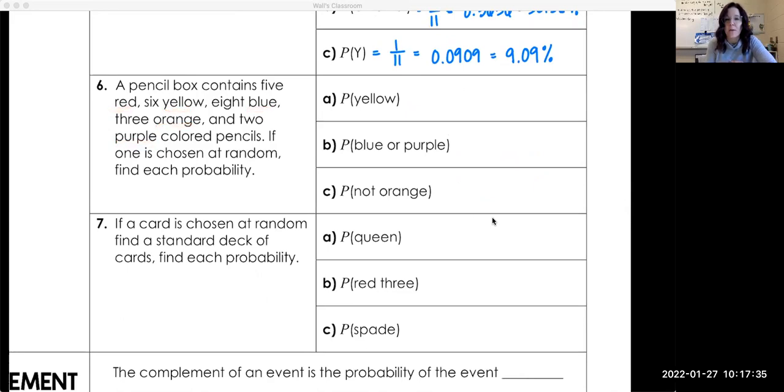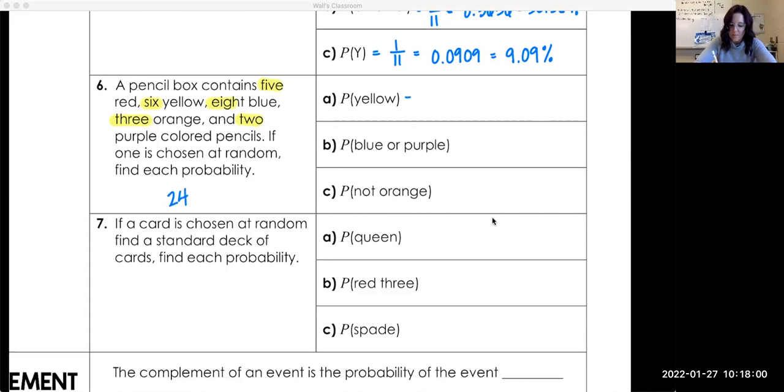Does anybody know why there are 24 possible outcomes? Because we have multiples of each color. So what we want to do to find the number of possible outcomes is add together how many there are of each. 5 plus 6 plus 8 plus 3 plus 2 gives us 24 possible outcomes.